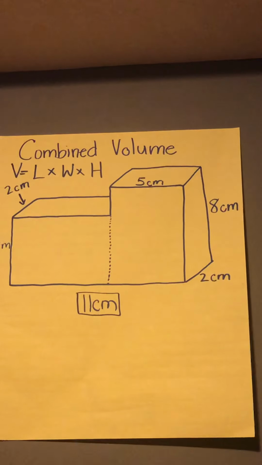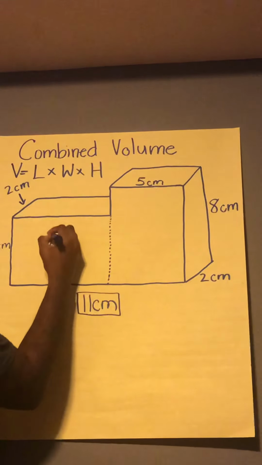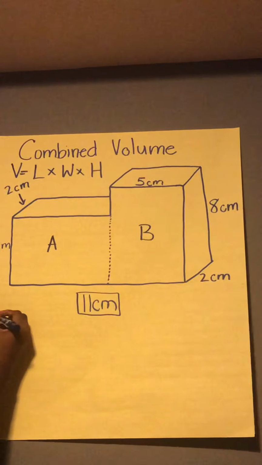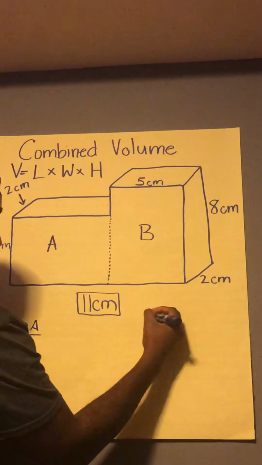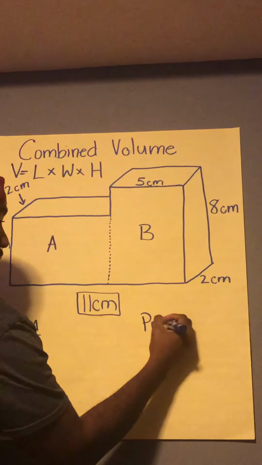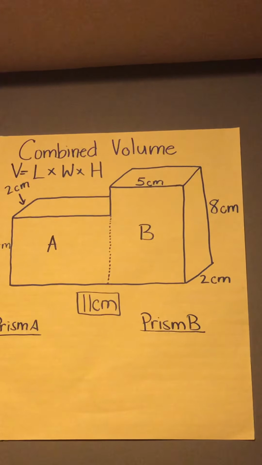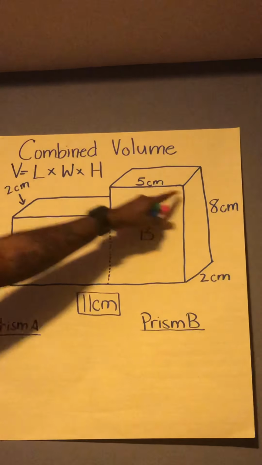So now, after I've split these, I'm going to rename these as Prism A and Prism B. And for the sake of things, I'm actually going to write this out here. Prism A. I know my handwriting is terrible. And Prism B. So now, I'm going to identify the dimensions of each of these figures.